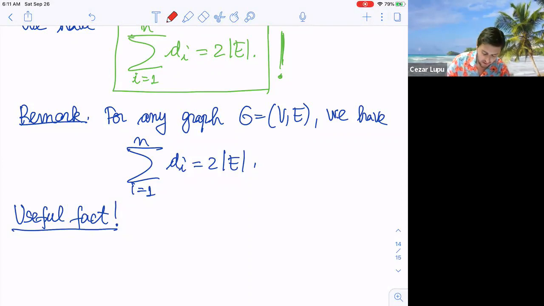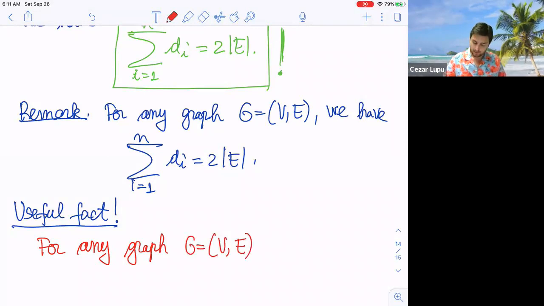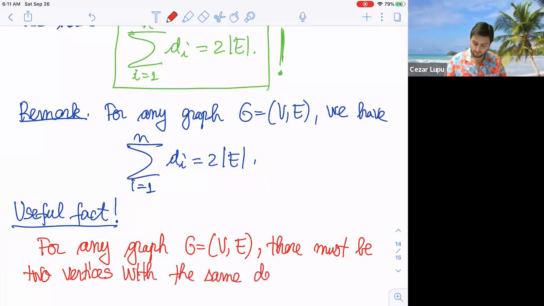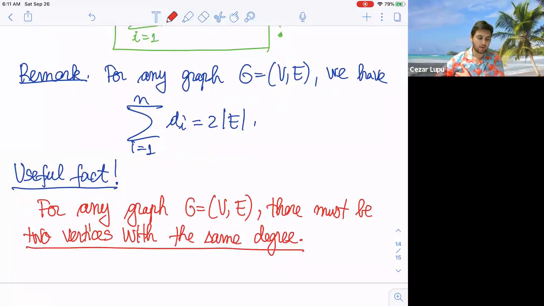The useful fact is the following: for any graph G, there must be two vertices with the same degree. The way you do this is easy.